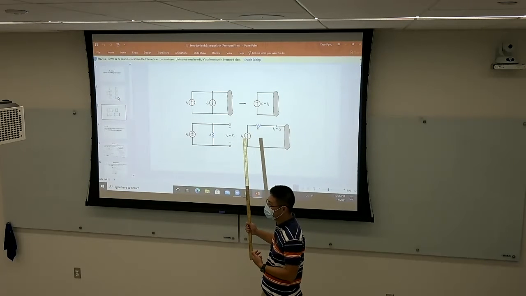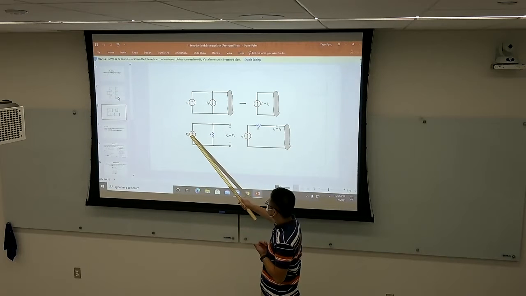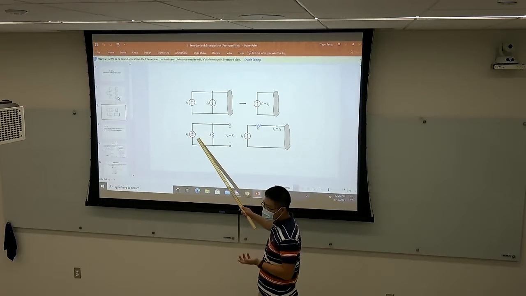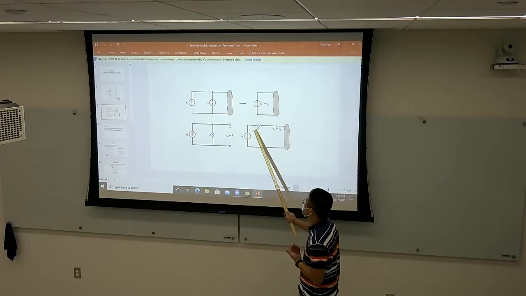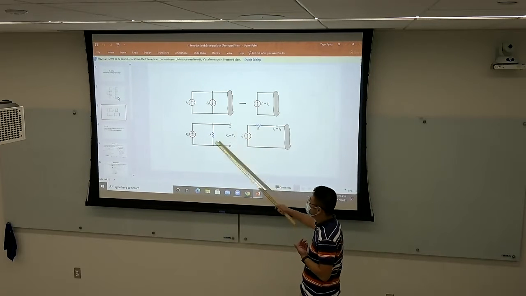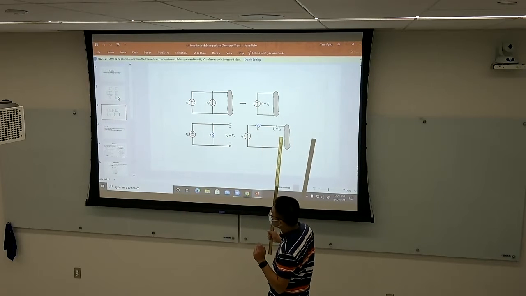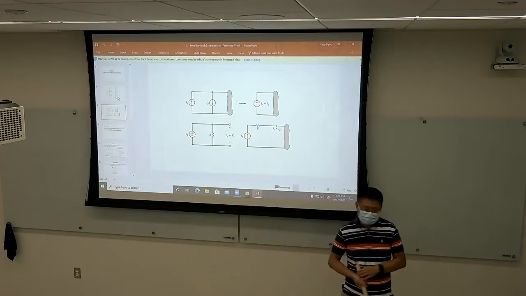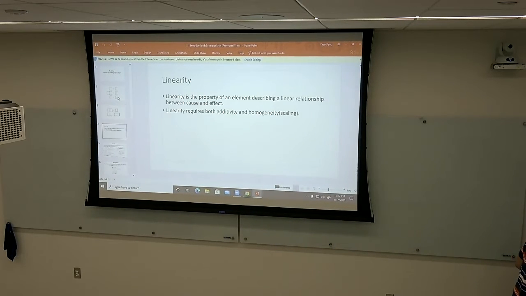This is called source transformation, so that a voltage source in series with a resistor can be converted to an equivalent current source in parallel with the resistor. We will talk about this in chapter 5.3.